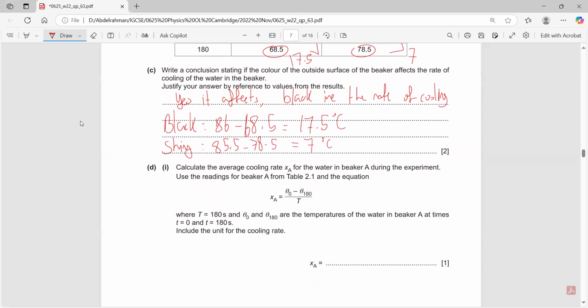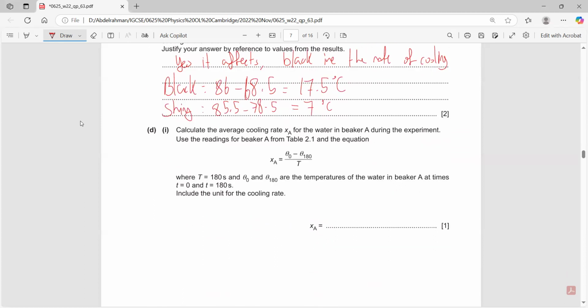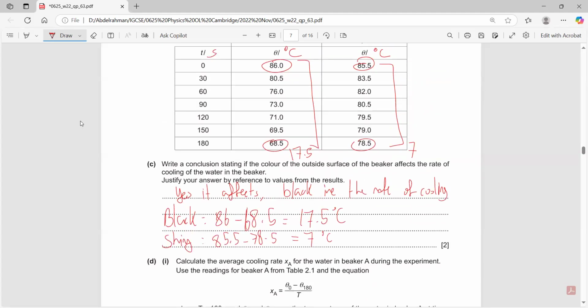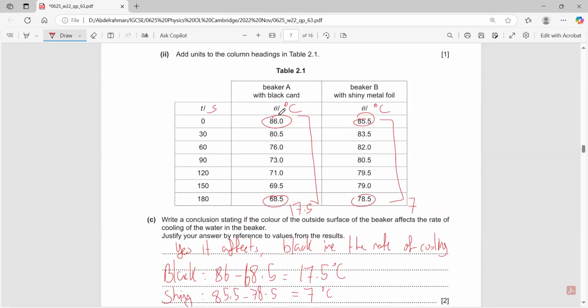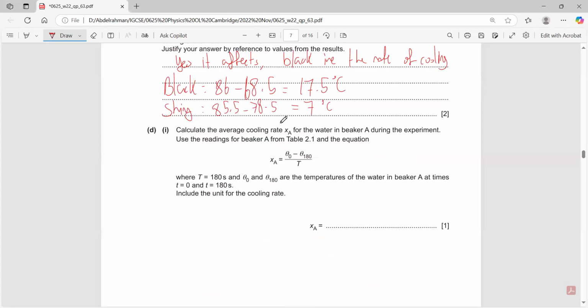Can I find the average rate of cooling for beaker A for the whole 180 seconds? Yes, beaker A, which is 86 minus 68.5 divided by 180. What is this number? 0.097, right?